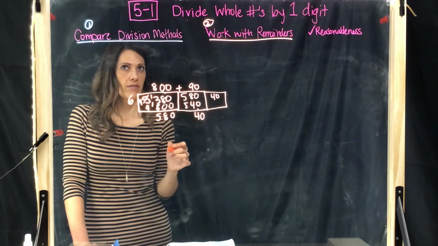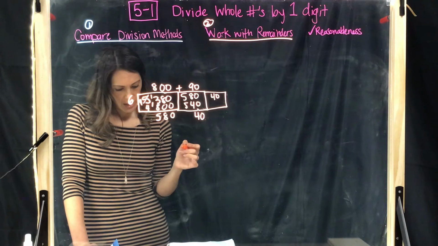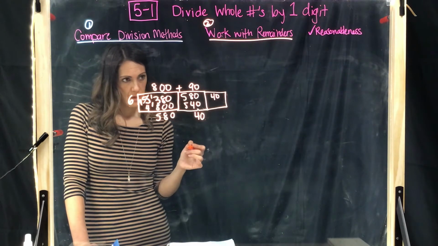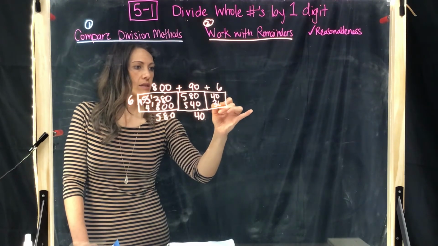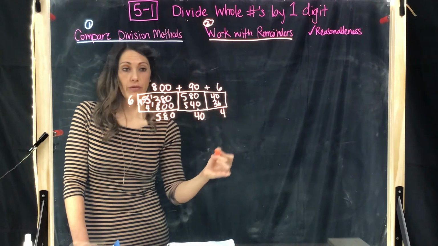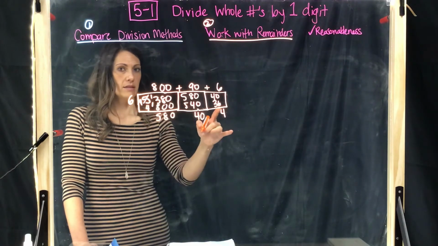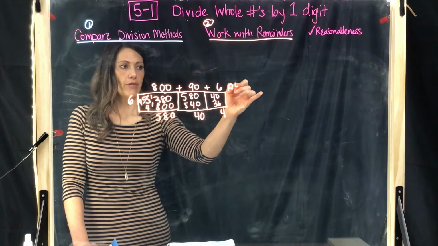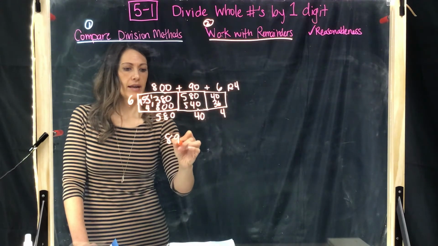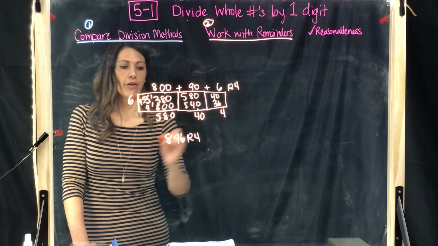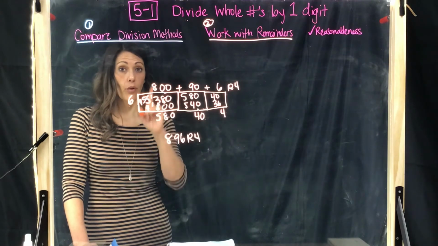It doesn't go in evenly. 6 times 6 is 36. So if I do a 6, that's 36. And I have 4 left over, okay? So I would have a remainder of 4. I would add my quotients together, so I've got 896, remainder 4. And that's what my answer would be for number 9.